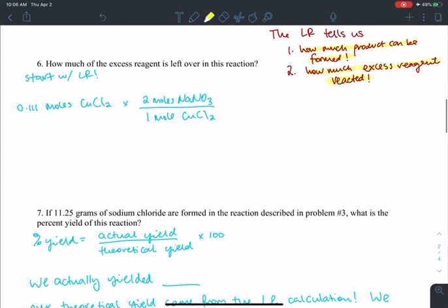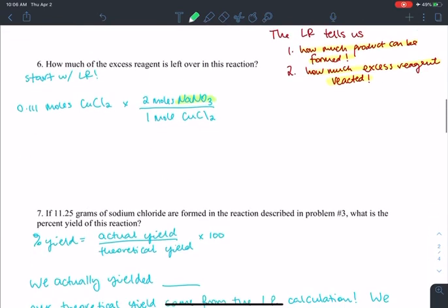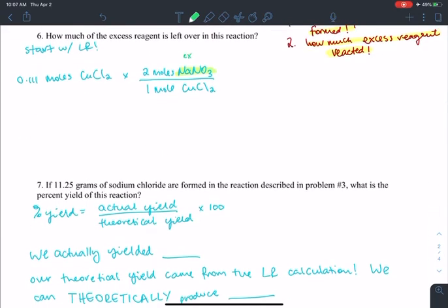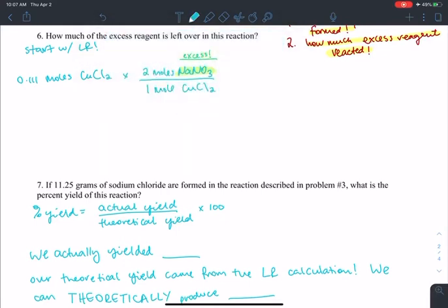The reason why we're converting it to moles of sodium nitrate is because since we said that copper chloride was the limiting reagent, that means that sodium nitrate must be the reagent in excess. Right? So this is our excess reagent here. And when we do this calculation, what we find is that 0.222 moles of sodium nitrate reacted.